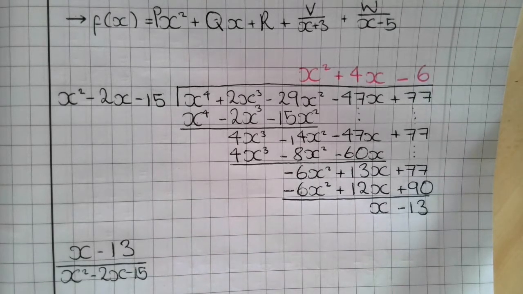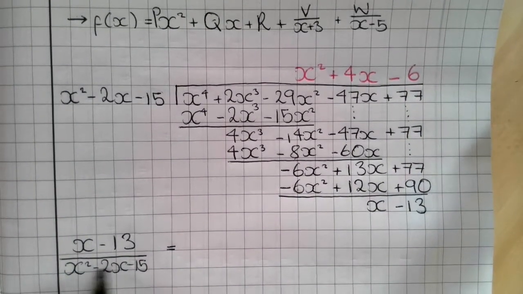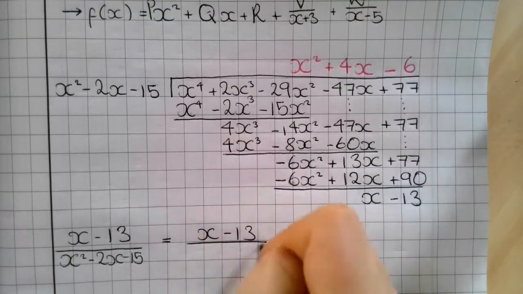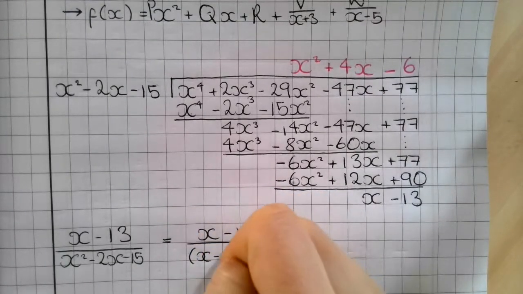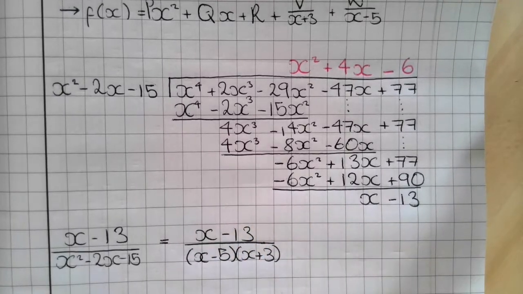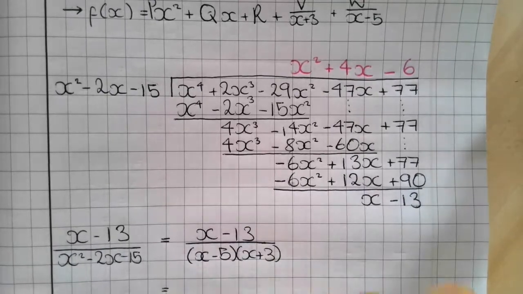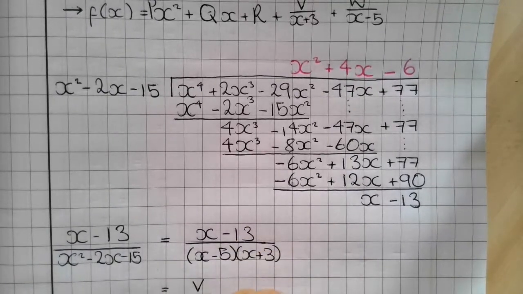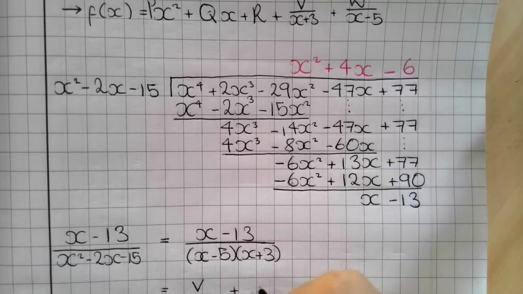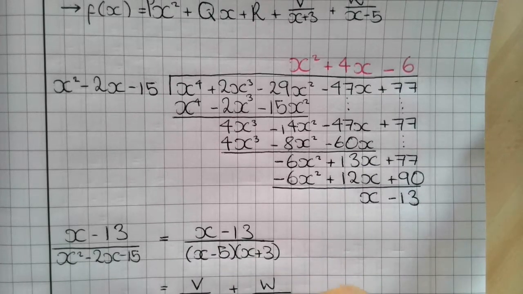So using partial fractions, first of all, factorising this denominator, this is equal to x minus 13 over x minus 5 times x plus 3. And with our knowledge of partial fractions, we know that this is equal to v over x plus 3 plus w over x minus 5.